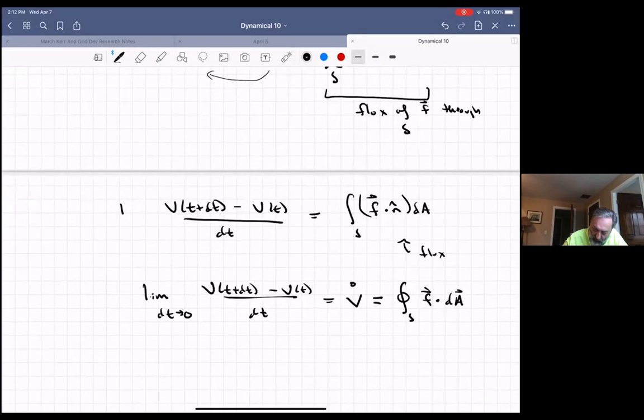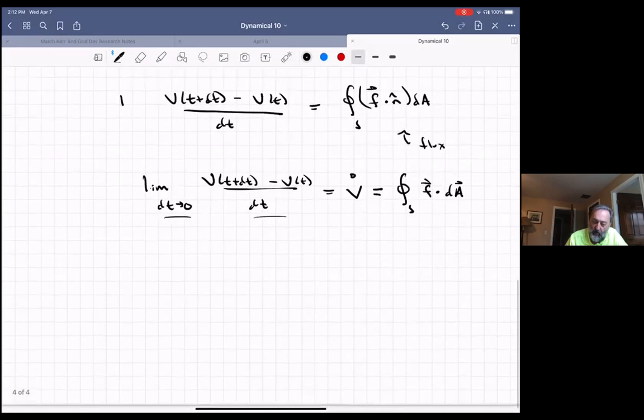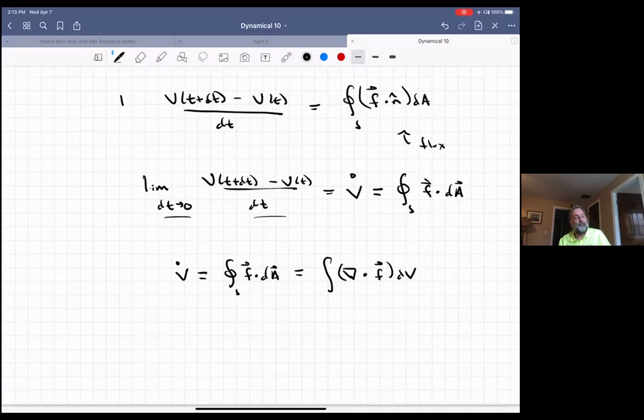And it's a closed surface, right? So I'm going to do this over some closed surface. Right, so I've just applied a derivative definition. Okay, and now I've got V dot is the integral of F dot dA over the surface, but if I employ the divergence theorem, that's the integral of the divergence of F dV over the volume.